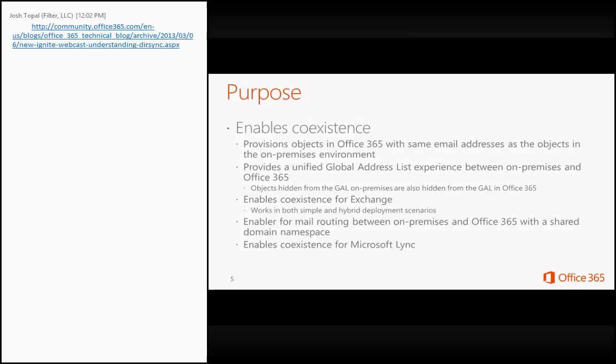Any objects that we want to change or update with regards to their attributes, if it's Exchange, things like proxy addresses or Active Directory attributes, we master and change all of those on premise as you do today, and then we let directory sync filter, sync that information up to Office 365.